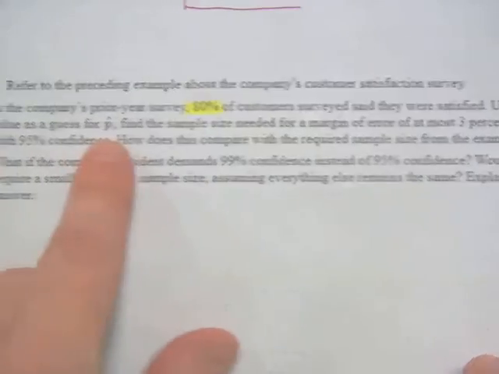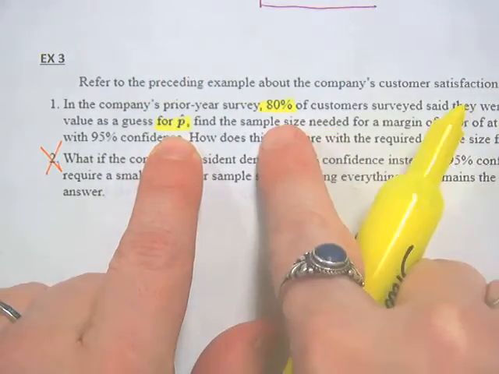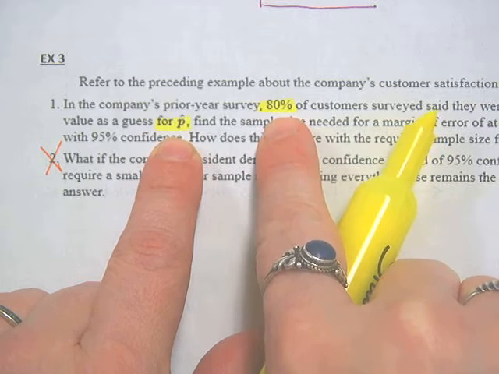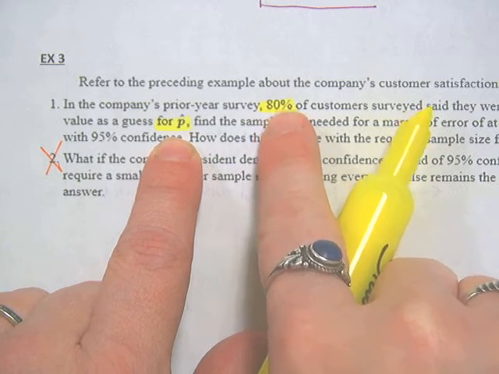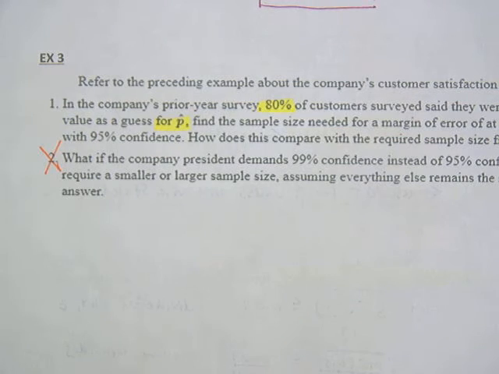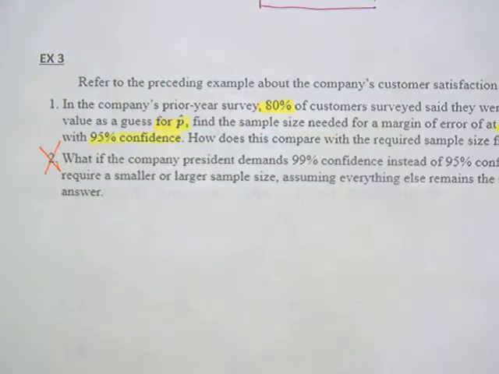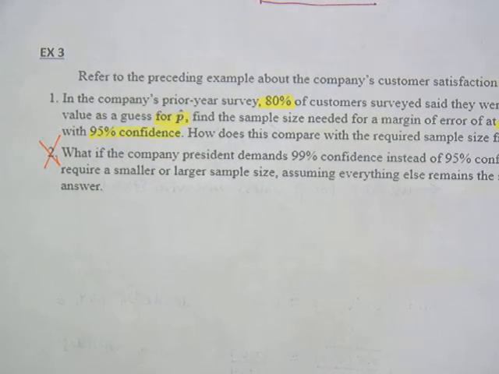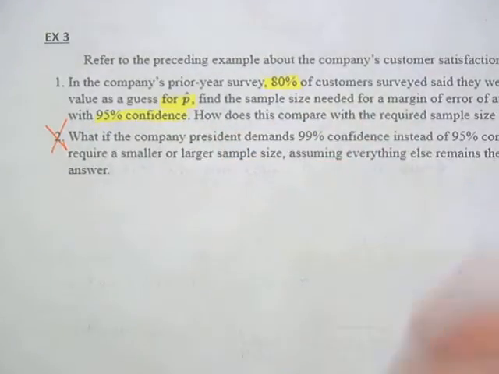Using this value as a guess for p hat, it's just telling you to use this for p hat because this is what we got last year. Find the sample size needed for a margin of error of at most 3 percentage points with 95% confidence. Everything is the same except what you're going to use for p hat.